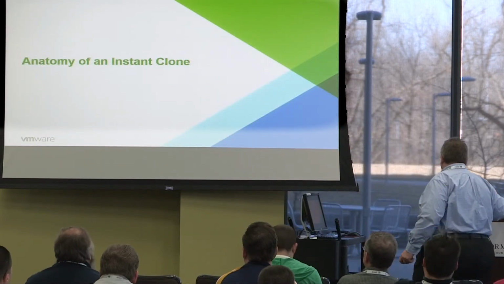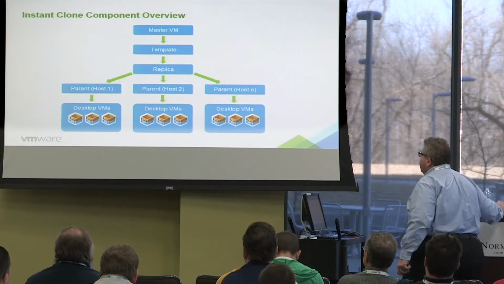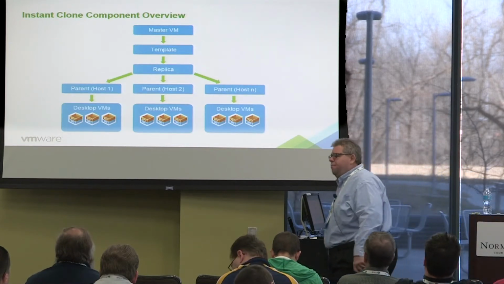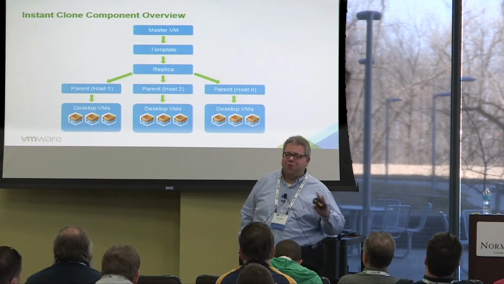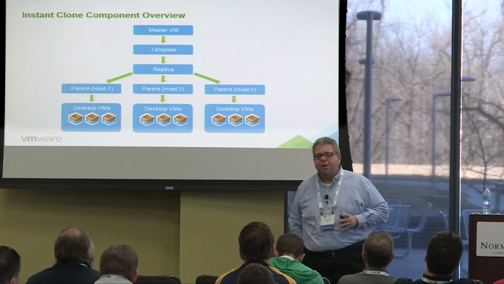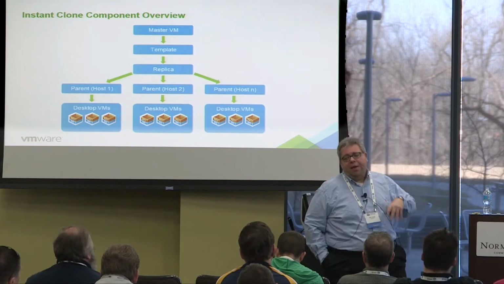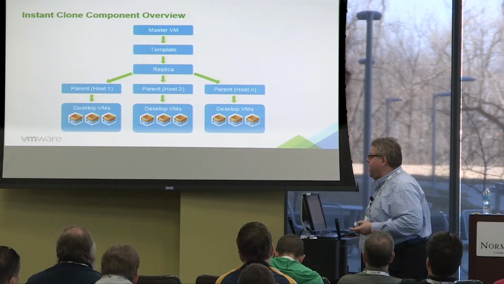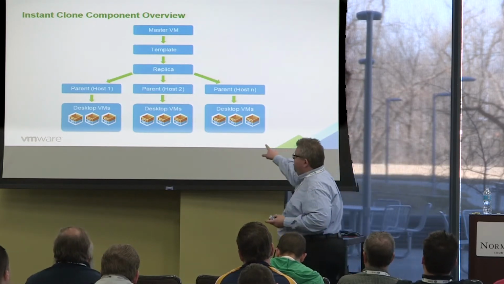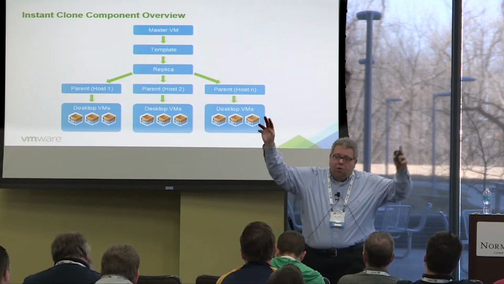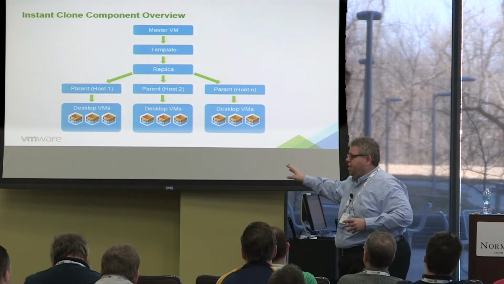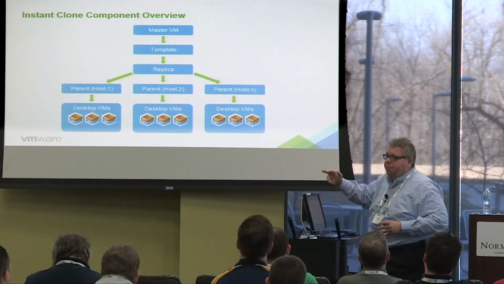The first time you use them, my reaction was, wow, there's a lot of objects there, a lot of folders, because we created a number of folders, and you'll see them in the vSphere client, and we write out a bunch of different objects to get to the end product, which is the desktop VMs. So just really quickly here, you start with the master VM, which is my gold image, right? And I'm going to go through these each. It creates a template.